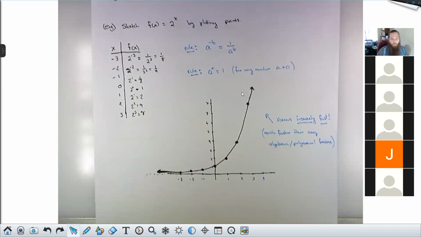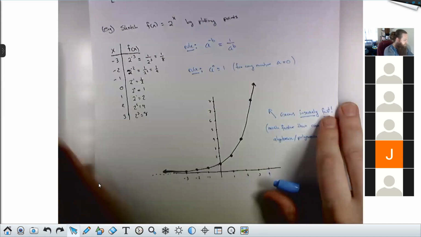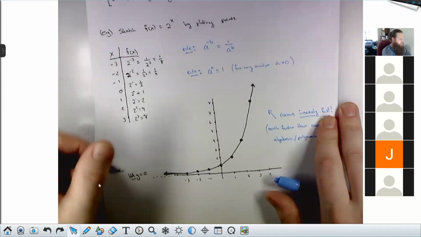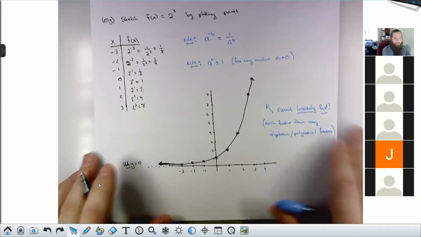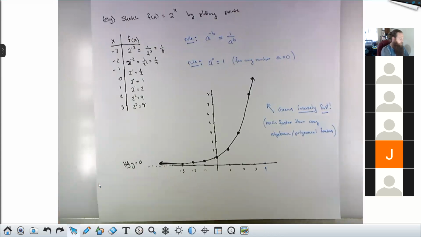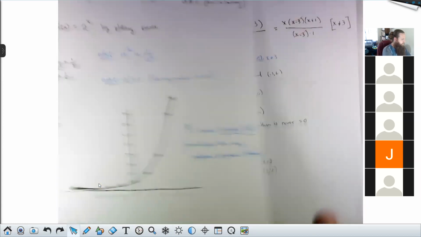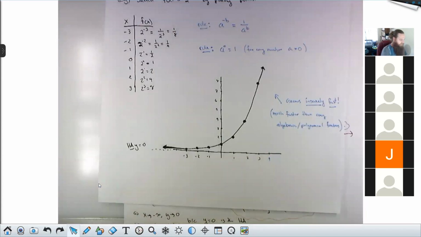So what else do we notice about this guy? There's the observation, was it Erica who was asking about the horizontal asymptote over here? This HA, y = 0, we do have an asymptote. And it never touches that asymptote. So let me grab a fresh sheet of paper and we're going to write some observations.